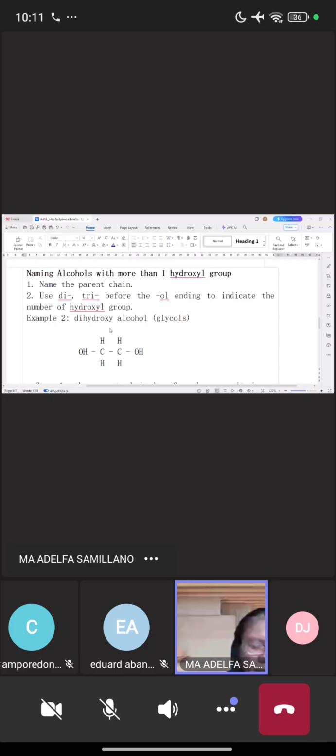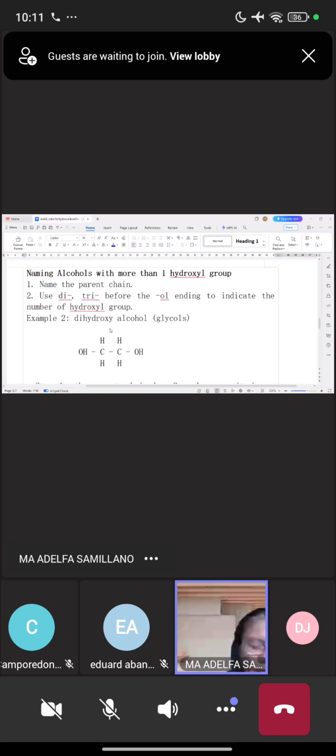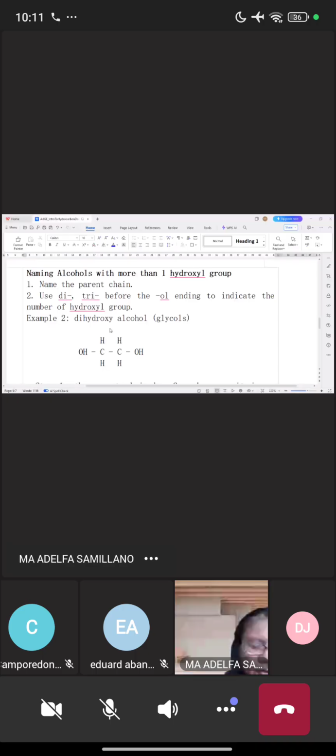So last meeting we discussed the introduction to hydrocarbon derivatives. We enumerated what the derivatives are, and one of the first is alcohols. We identified the functional group, and classified alcohols broadly into those that contain only one hydroxyl group and those that contain more than one hydroxyl group.